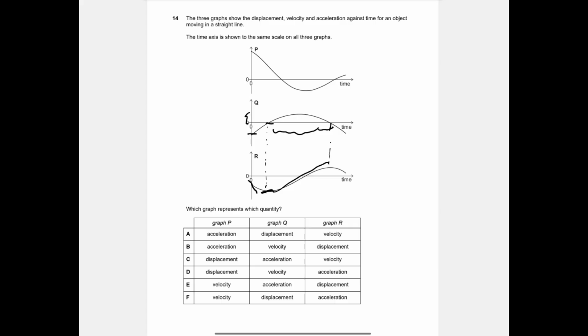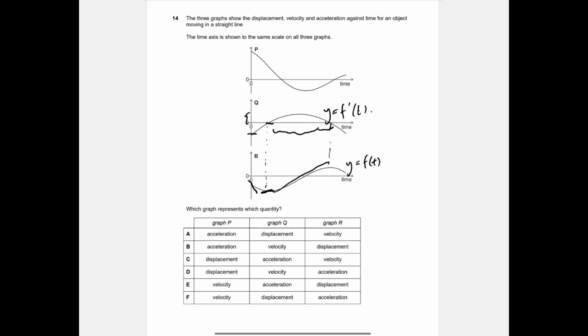And then it goes negative afterwards. So I think if we label R as F of t, then Q could easily be F prime of t. Well, we know that P isn't going to be F prime of t because look, R starts with a negative gradient, but P starts positive at time equals 0. So that's definitely not going to be that.